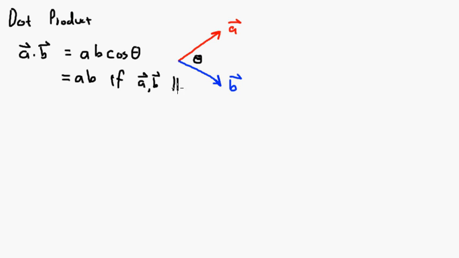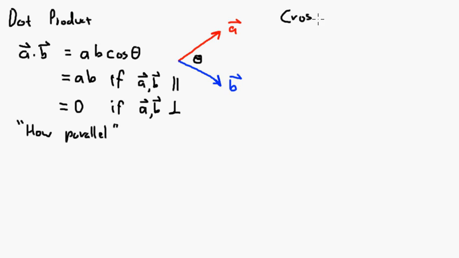And it was equal to 0 if A and B were perpendicular. So it was a measure of how parallel the two vectors were, and also of how big they were, because you just multiply the magnitudes together. The cross product does something different.